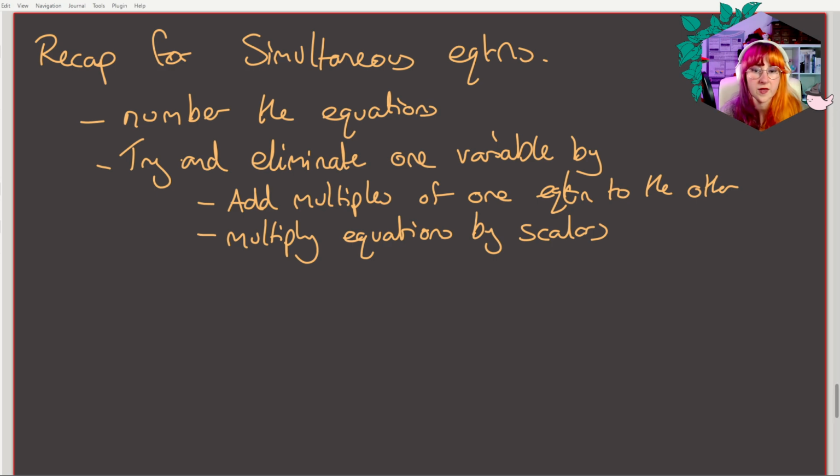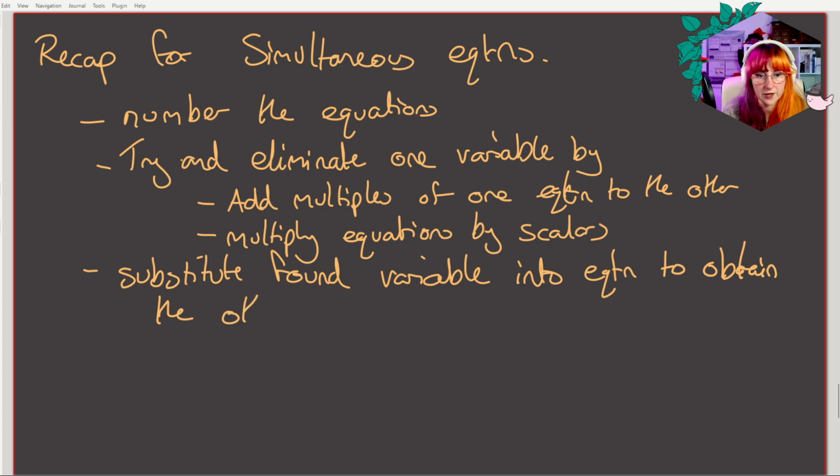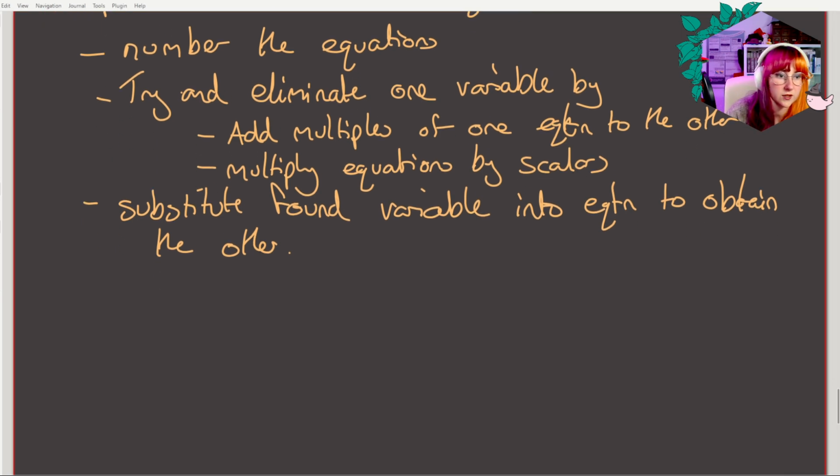So that's what we can do in simultaneous equations, and then substitute the found variable into an equation to obtain the other. Okay, so those are the rules for simultaneous equations, and we're going to do a worked example now.